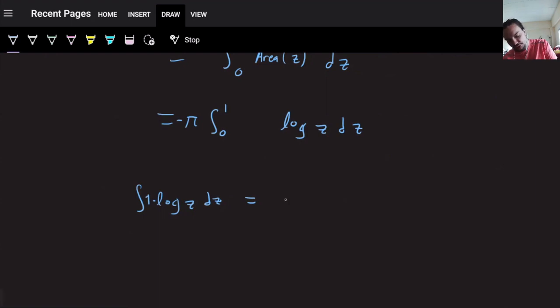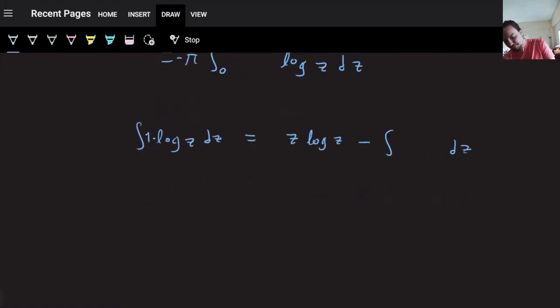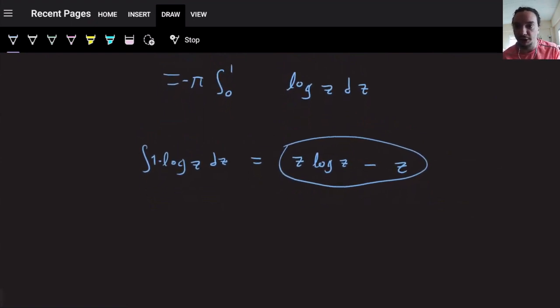We get z log z minus the integral, or just the indefinite integral of, now we've got z times 1 over z, because we had to differentiate the log z part. But this guy is just equal to 1. And the integral of 1 is just equal to z. Okay? So that's the antiderivative of log. It's z log z minus z.